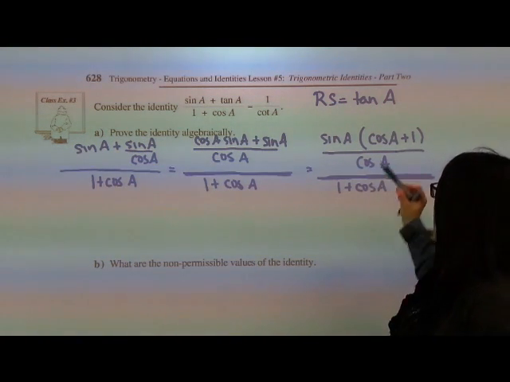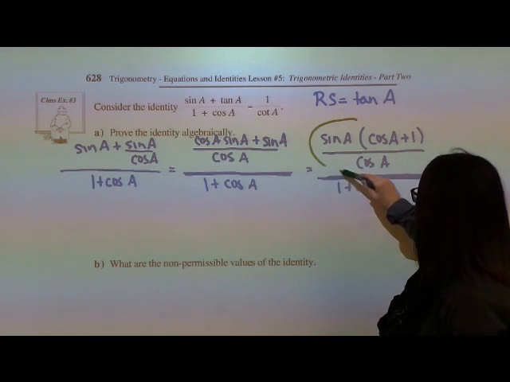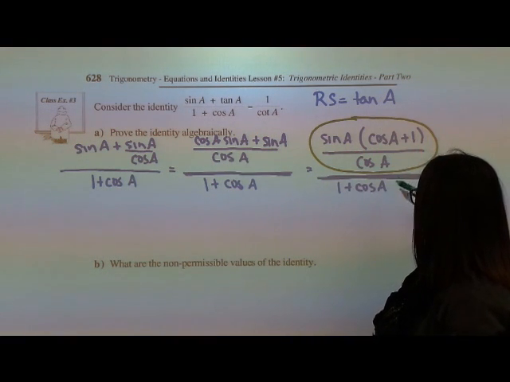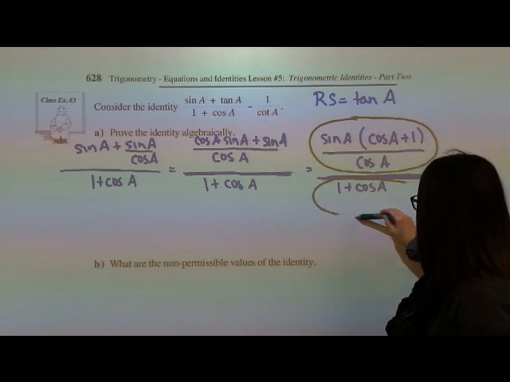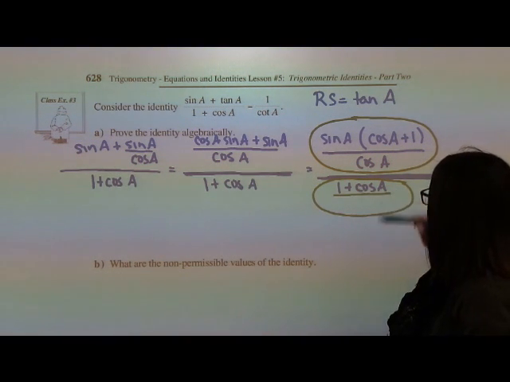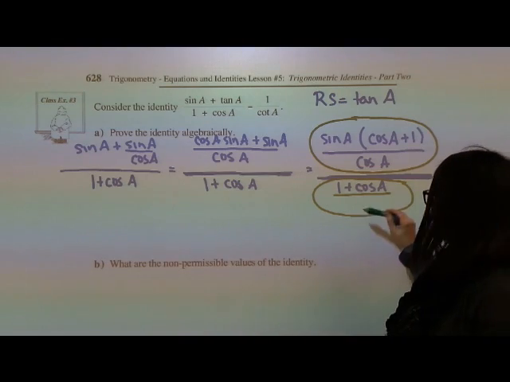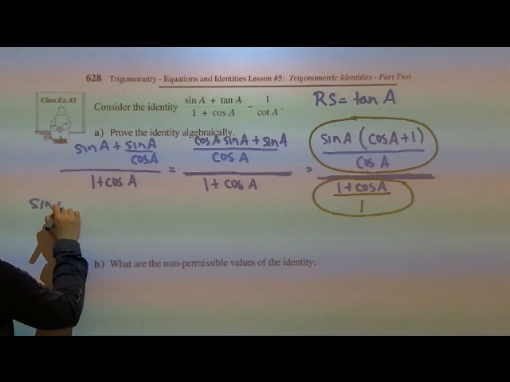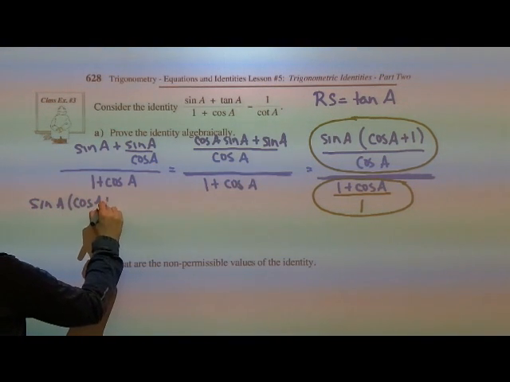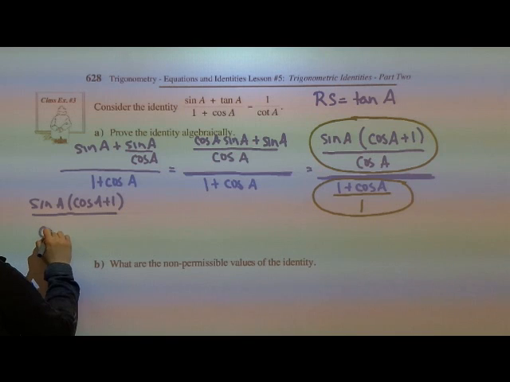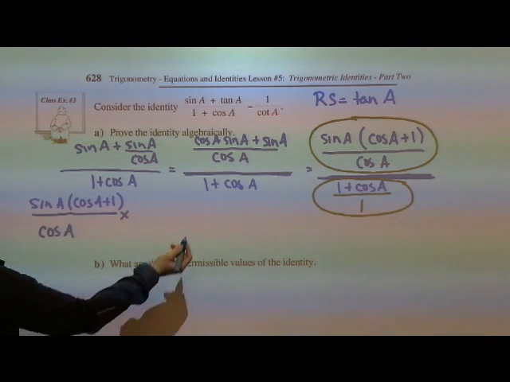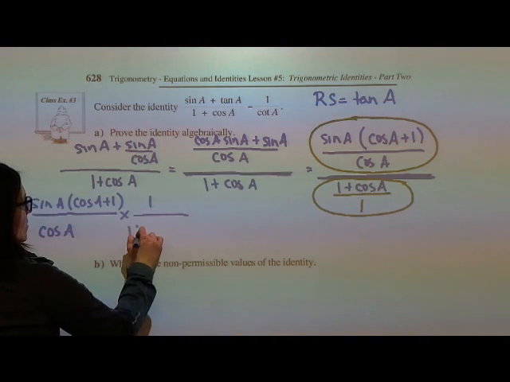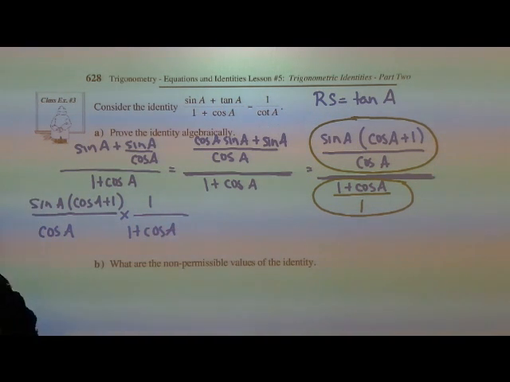Because what I have here is this fraction, and I can create a fraction down here by putting this over 1. So I multiply by the reciprocal, so the reciprocal becomes 1 over 1 plus cos A. Now what can I do?